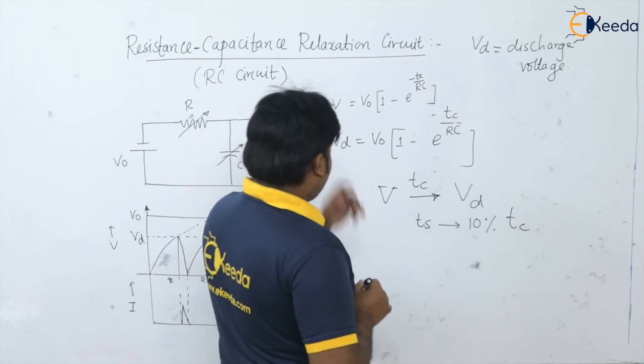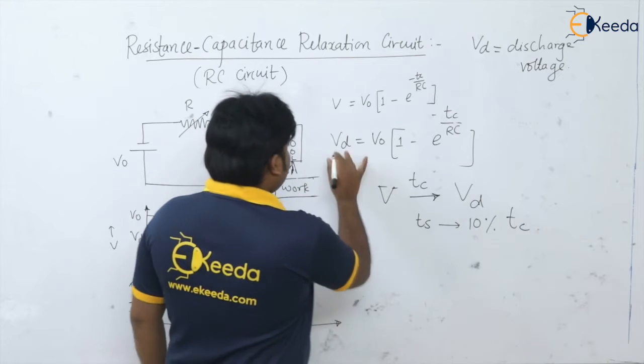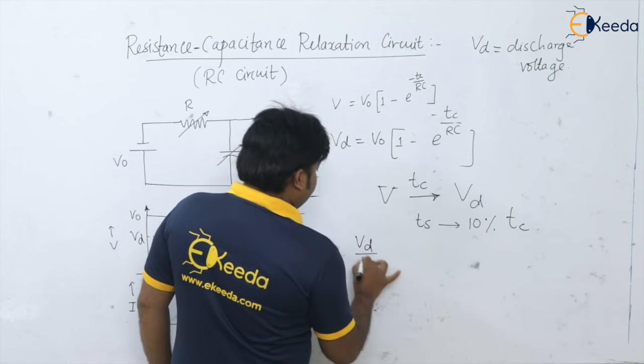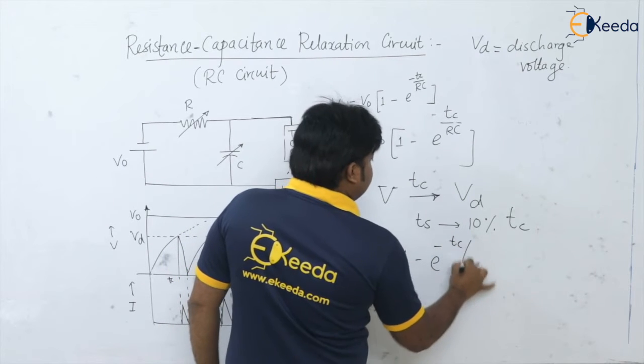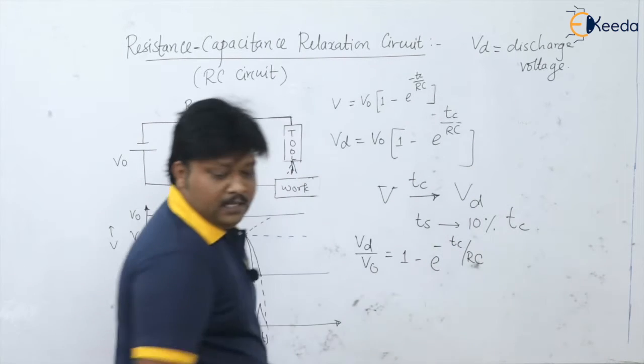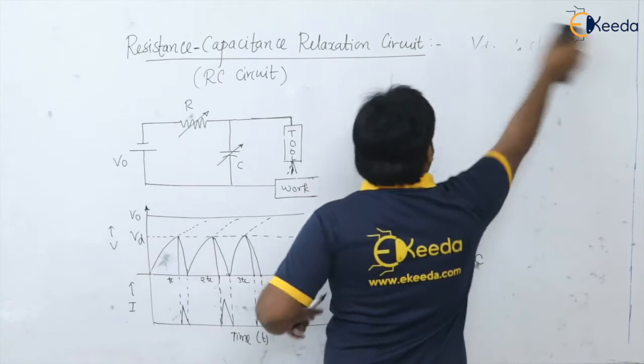Now see what I am going to do here. VD upon VO equals 1 minus e to the power minus TC divided by RC. Let us solve it.